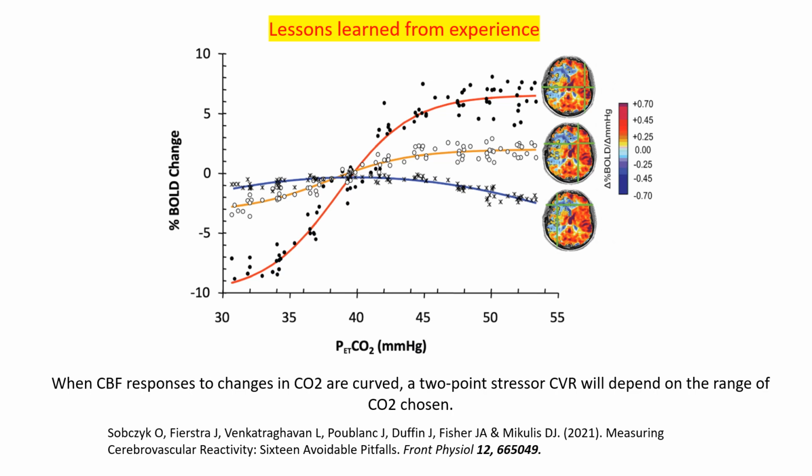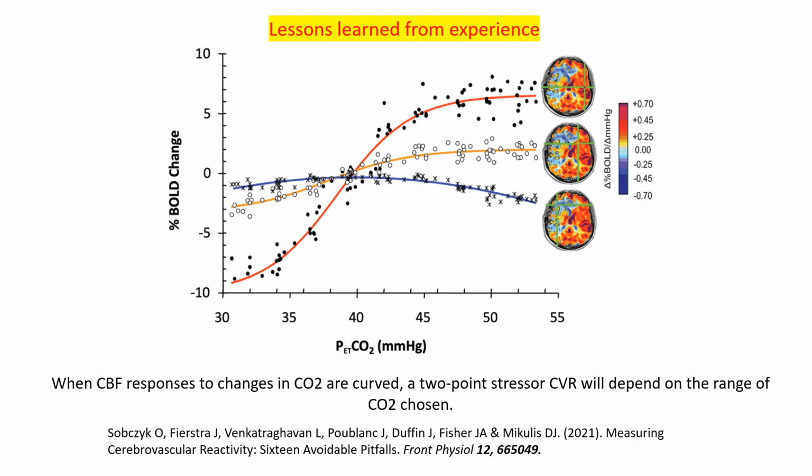Our experience measuring CVR has taught us some important lessons. They are set out in detail in the stated reference, and I will briefly review some of them here. First, the graph shows changes in the BOLD response over a range of CO2 for 3 voxels.